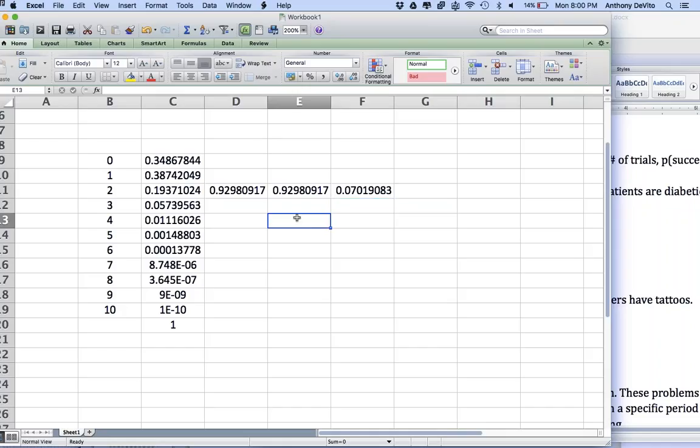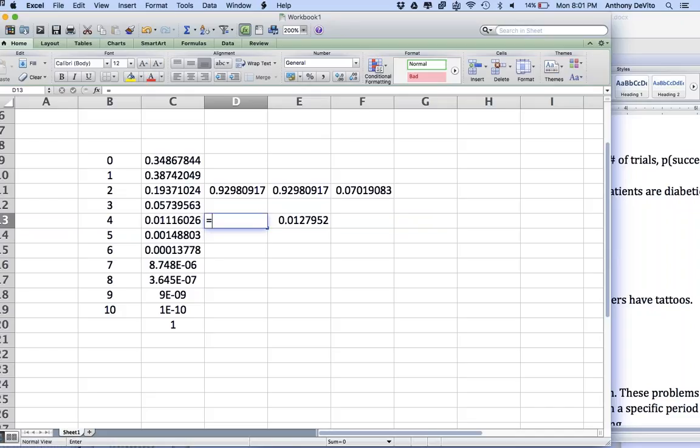So if I wanted to know that, I would say the probability is equal to 1 minus binom dist, parentheses. Notice I didn't bother with the period this time. The number of successes is going to be 3 for 4 or more, comma, trials is 10, comma, 0.1, comma, and true, right? Because I'm going to subtract. This is the probability cumulatively for 3, 2, 1, and 0. And the probability is only about 1% for 4 or more.